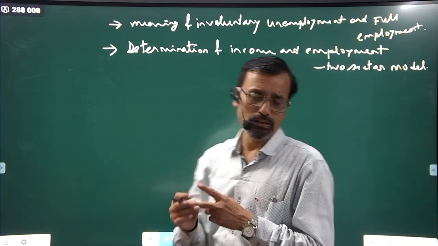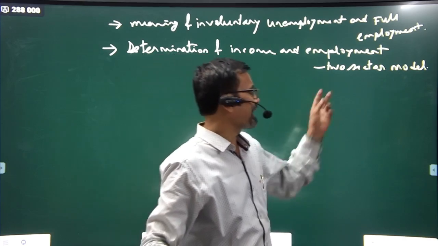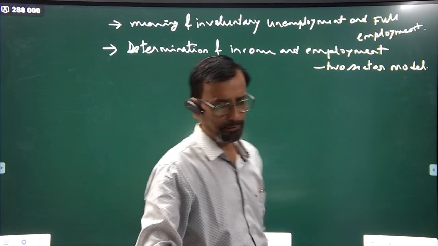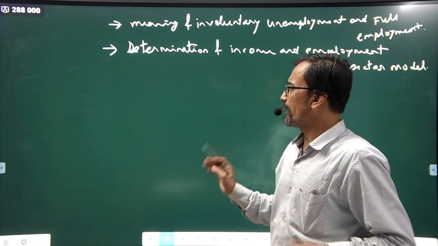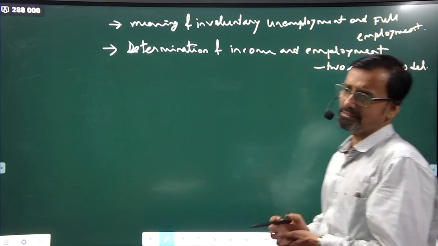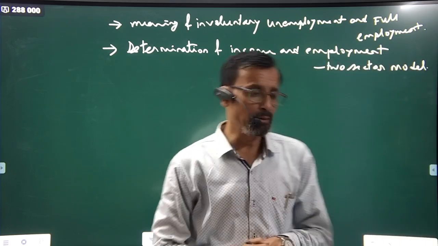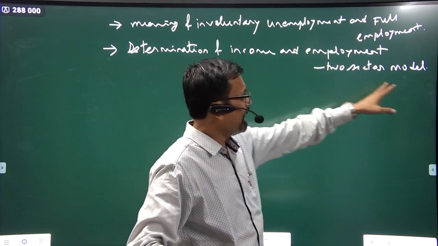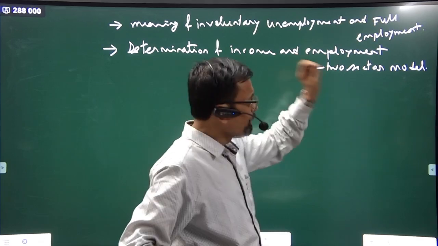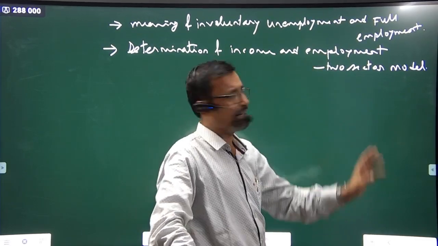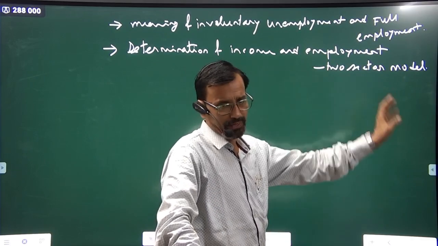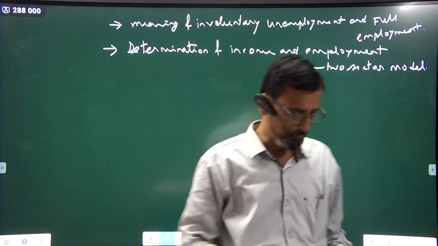By taking two expenditures in aggregate demand, we will determine income and employment. Income and employment are to be determined by taking two sectors, that means consumption and investment. So we will suppose that aggregate demand is the sum of consumption as well as investment.